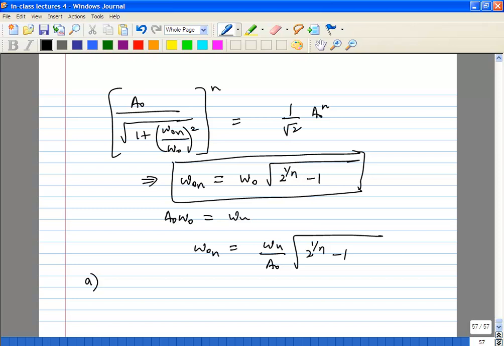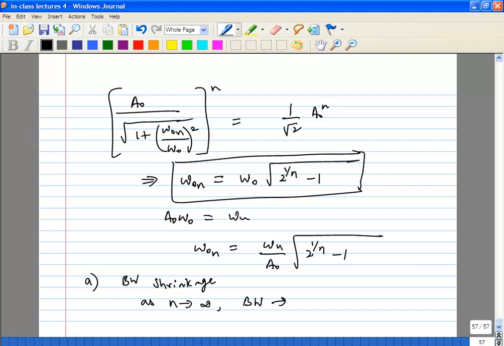So the first thing you notice is bandwidth shrinkage. For each amplifier it is omega naught, but now your overall bandwidth is actually smaller by this factor 2 power 1 by n minus 1. So let's say you have a very large number of stages.